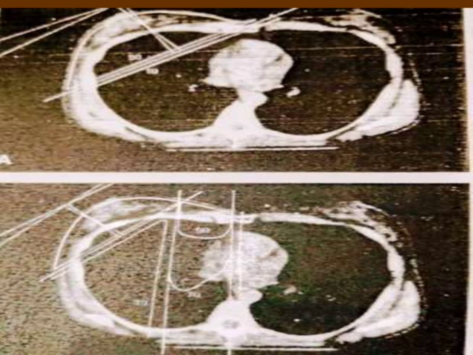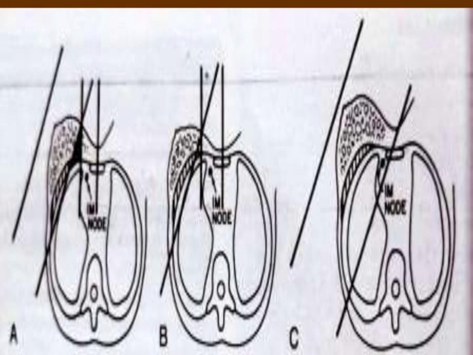Technically speaking, look at figure A and figure B. In the upper figure, quite a high dose of radiation goes into the lung, because the internal mammary field is included in the tangential field and the entire dose is delivered together.